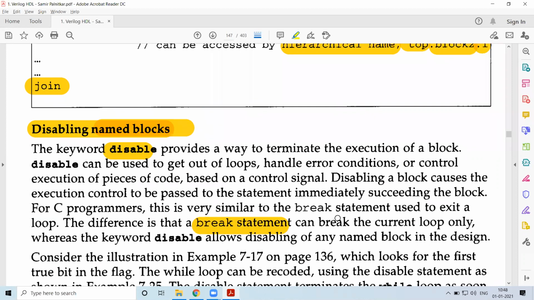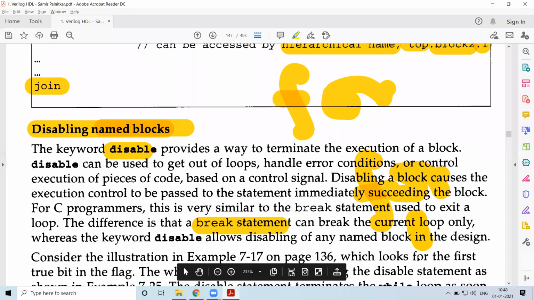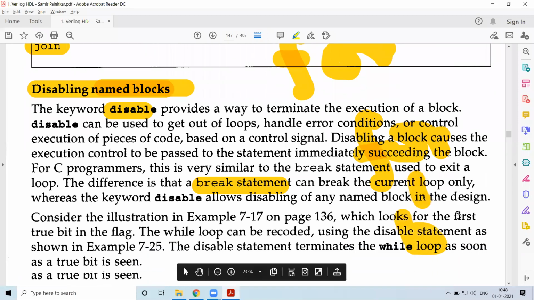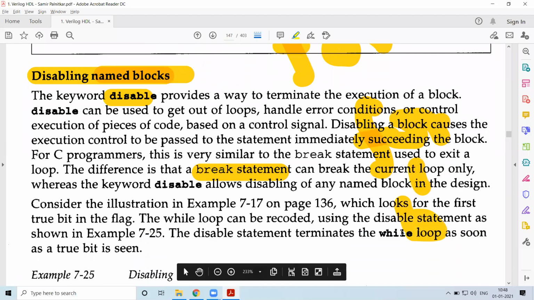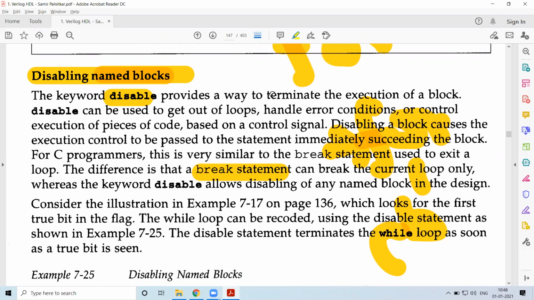So what does the break statement do? Break statement breaks out of the current loop in which it is executing. So for example, if you have a for statement, and in that you have another for statement, and in this for statement you put a break statement. So what this does is this break exits this for loop, but it will still be there in the previous for loop.